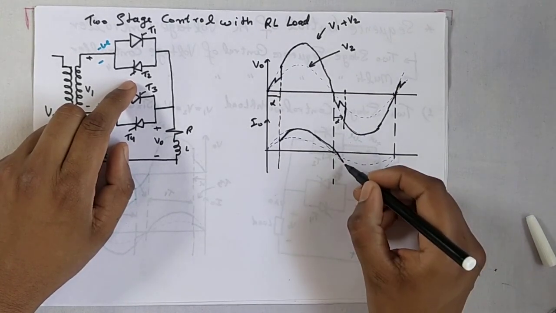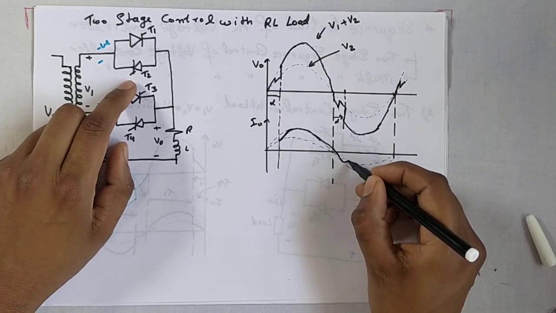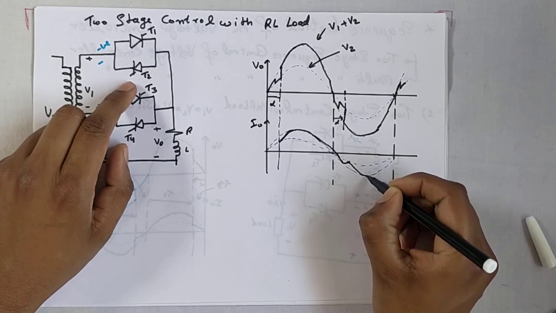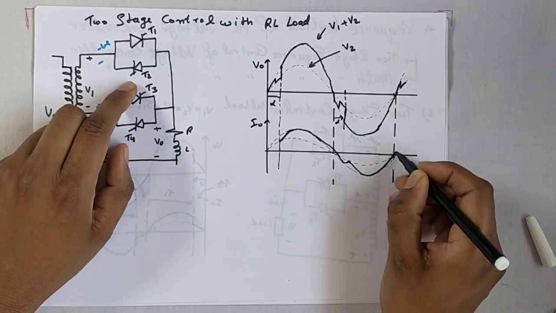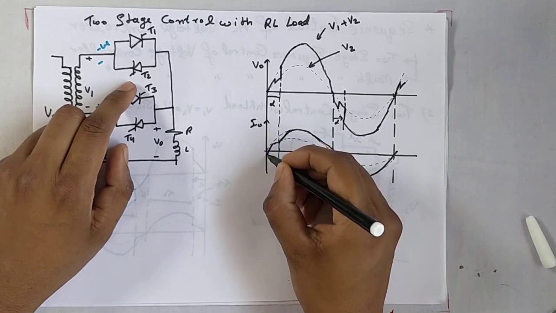Okay, and similarly the current turns here like this, and again it rises slowly and like this. Here the current will be like this.